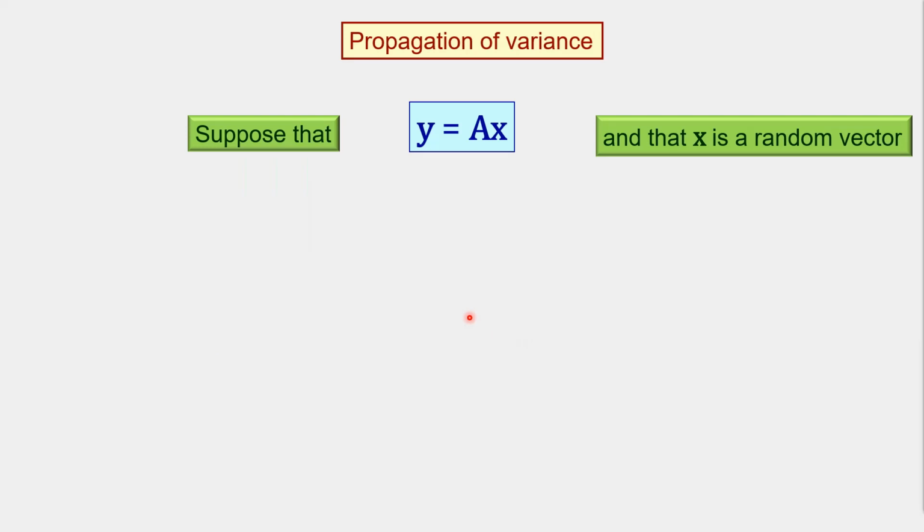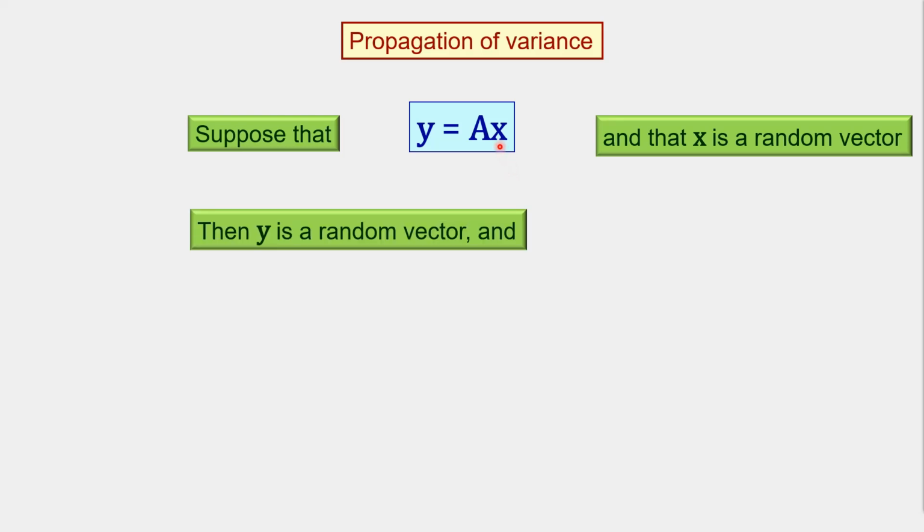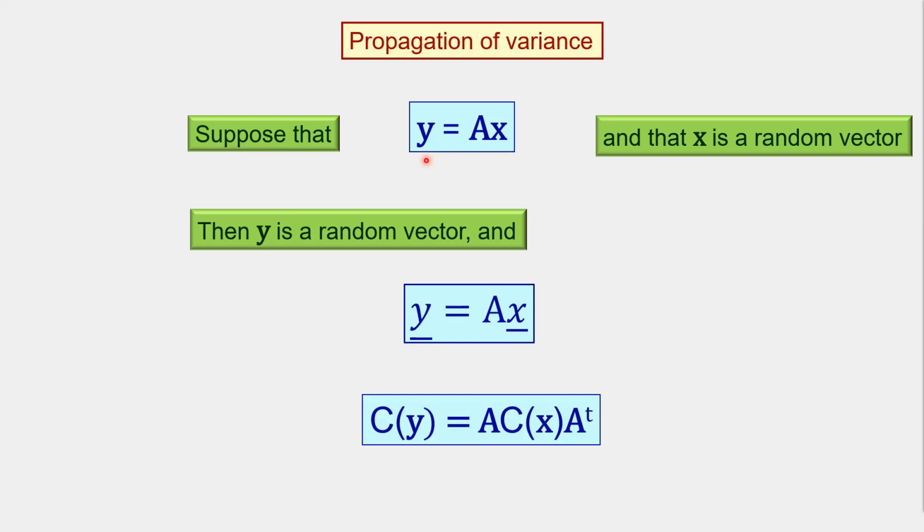Finally, suppose that we have a vector y calculated from a vector x using this matrix relationship. Suppose that x is a random vector and that we've characterized x by its mean and covariance matrix. Because x is a random vector, then y must be a random vector. Furthermore, we can characterize the randomness of y through two matrix equations.